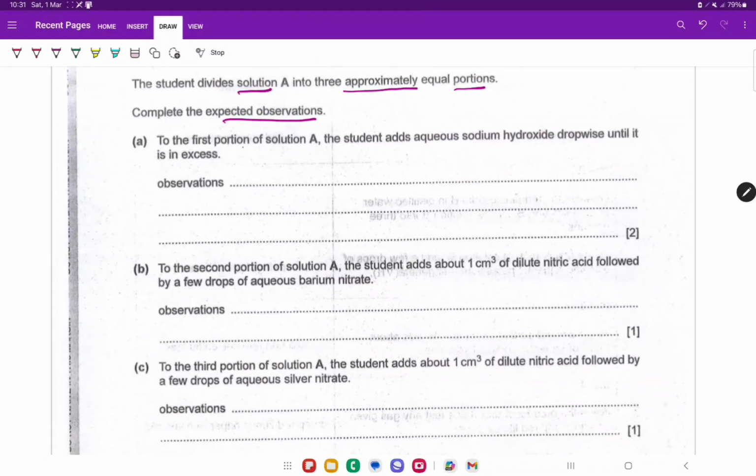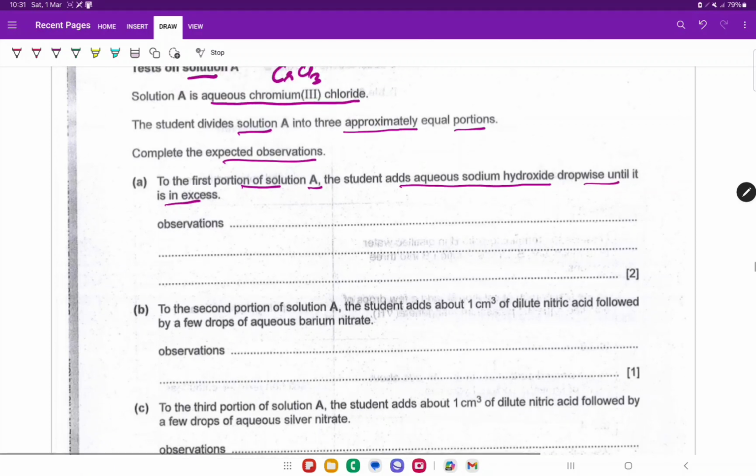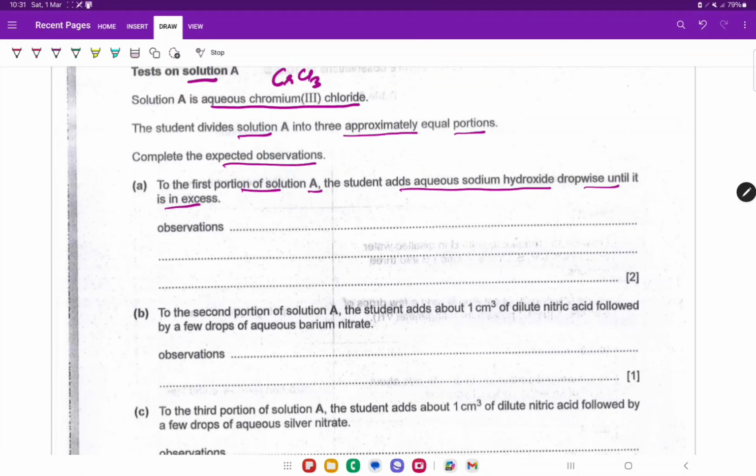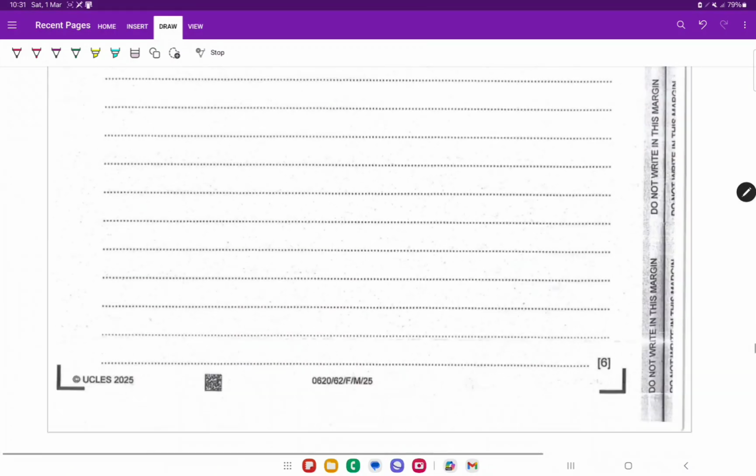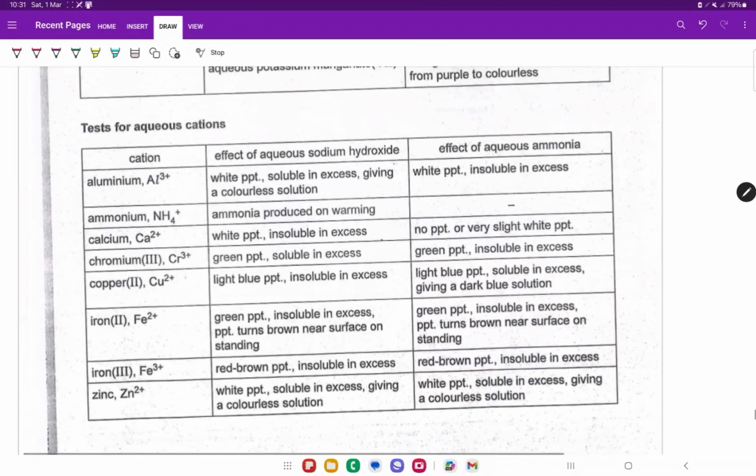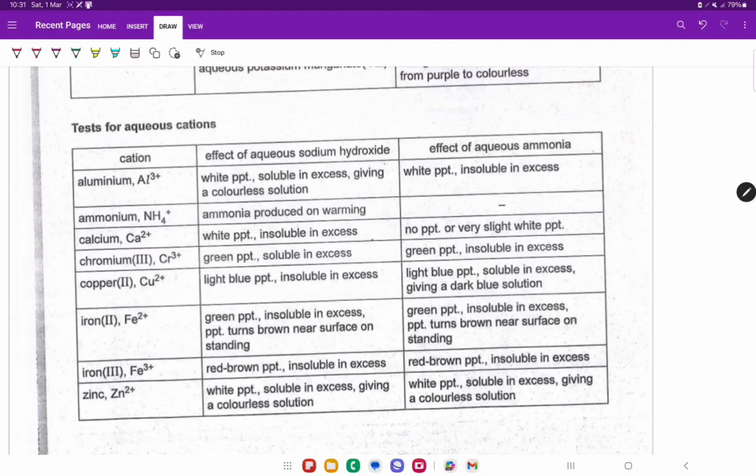To the first portion of solution A, the student adds aqueous sodium hydroxide dropwise until it is in excess. What we have to see is the result of adding aqueous sodium hydroxide to chromium chloride from the table given below. At the end of the table, when we add aqueous sodium hydroxide to chromium, a green precipitate is produced which is soluble in excess.